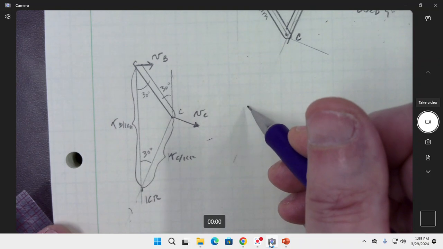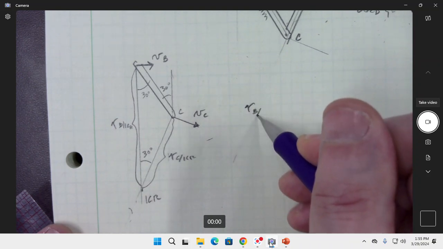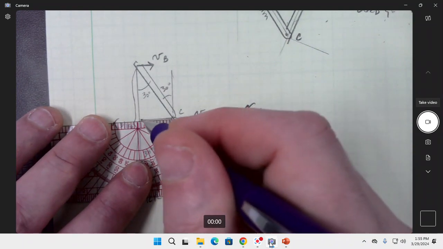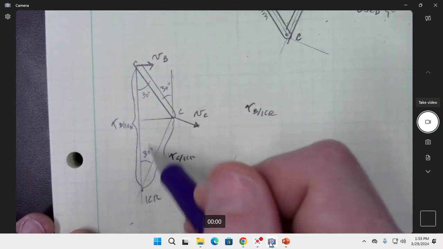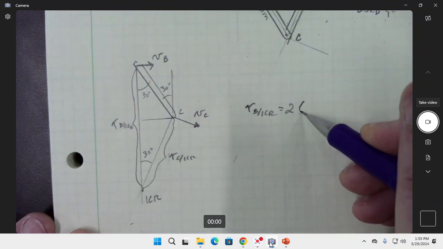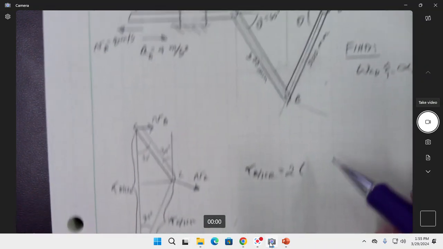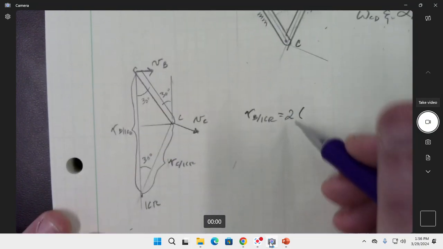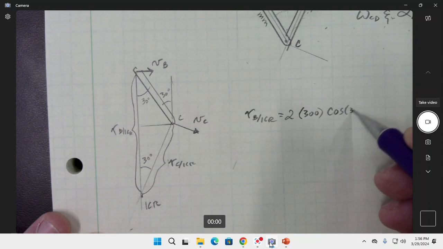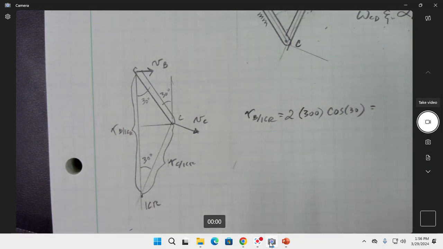Okay, so to find RB with respect to ICR, we do that same thing that we just did. These angles happen to match this time. So we can go equal to 2 times, what are these, 300 millimeters each? 300 and 300. 300 times the cosine of 30.